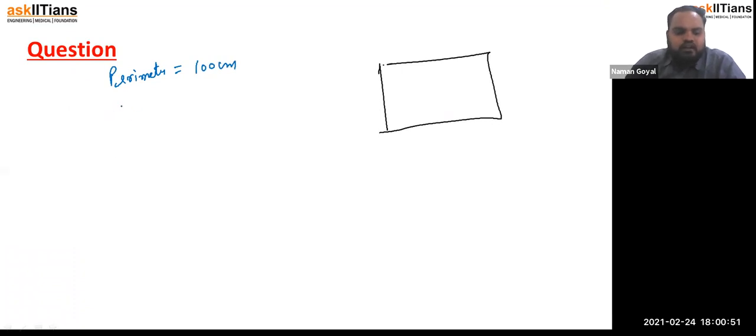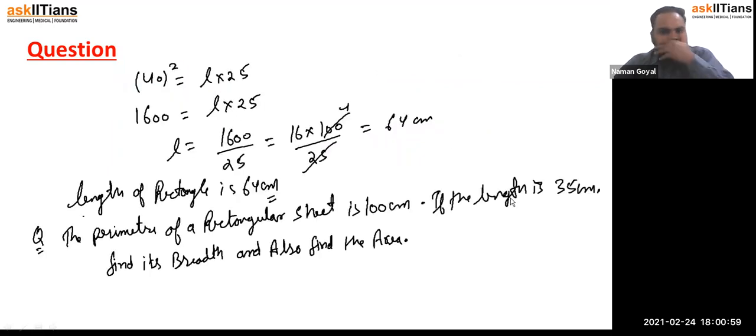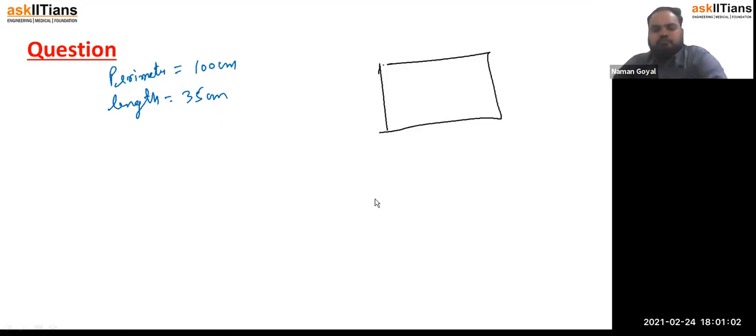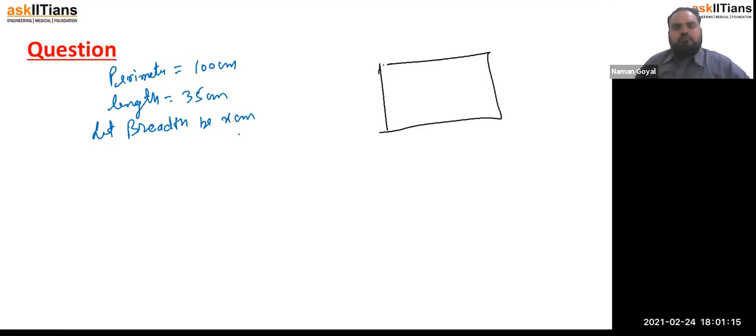And the breadth and length are given, right? The length is given as 35 centimeter. Let me cross check. Yes, the length is 35 and the perimeter is 100. So we can take the breadth as x centimeter. So it will be 35 centimeter and we take this as x centimeter.